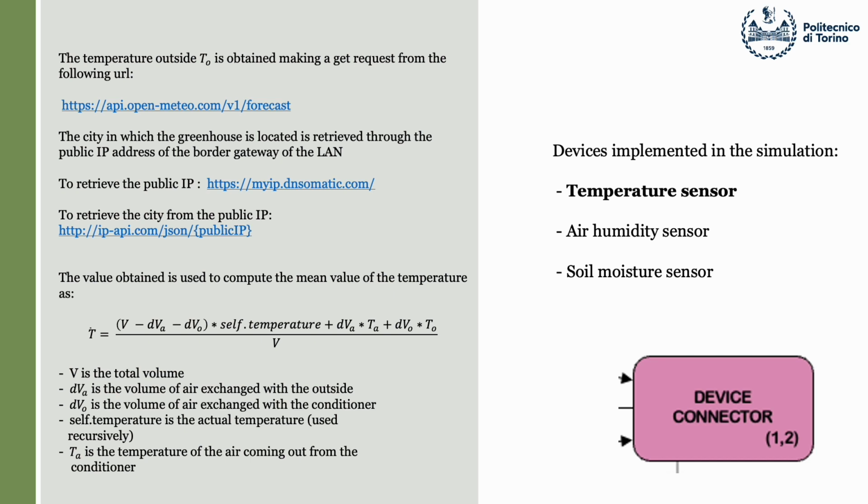The outside temperature, T sub O, is obtained through the public IP address of the border gateway connecting my local area network, where the greenhouse is placed, to the wide area network, which is the Internet. From the obtained public IP address, I am able to retrieve the city in which the greenhouse is placed, and so the temperature in that specific city.